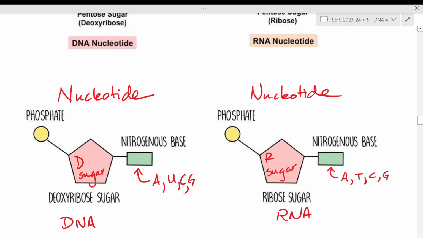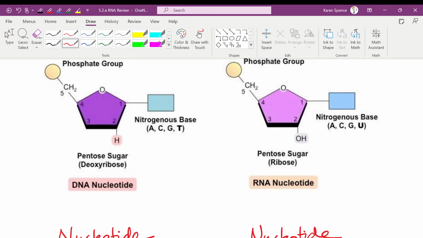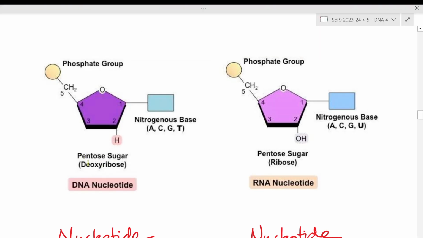But if you want to zoom in closer, you can say, okay, now I'm looking and it says I've got pentose sugar, deoxyribose, and I've got ribose here. That's more exciting. It shows me a little more detail.